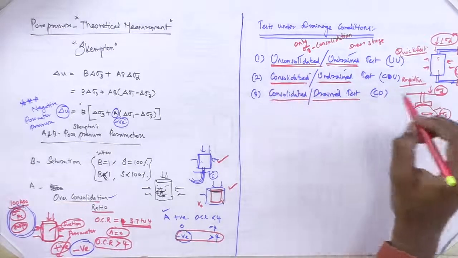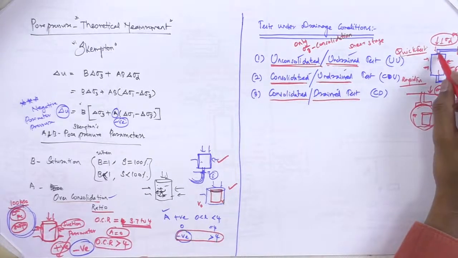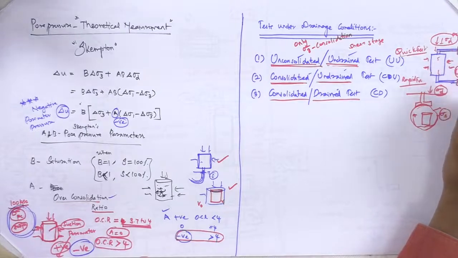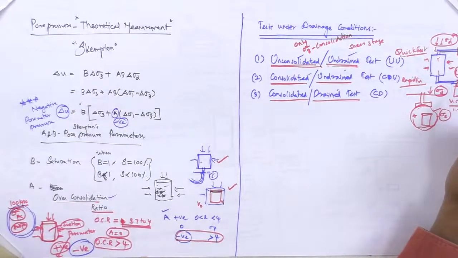For the consolidation process you should know whether the soil is consolidated or not. What we do is open this and connect it to a volume change measurement apparatus. It alone costs 1.5 lakh. So this is the volume change measurement apparatus or burette. Instead of this costliest apparatus, we have a burette setup.